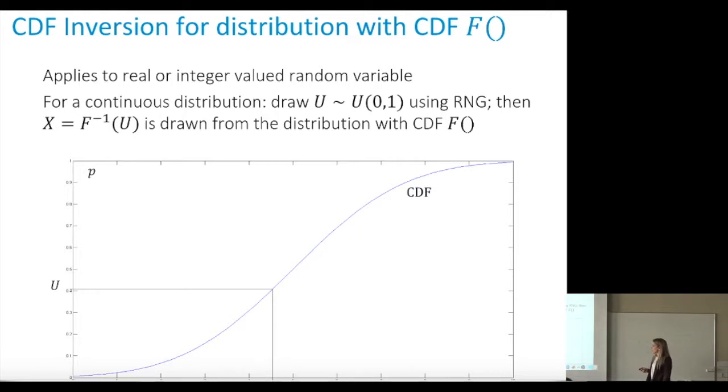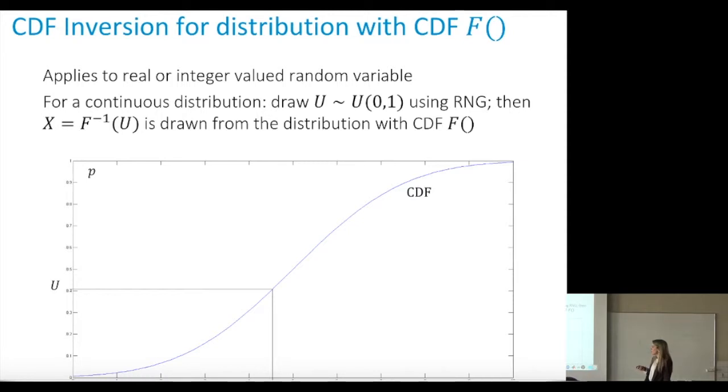Let's see it now graphically. We have u here that is drawn by the random number generator. It is between 0 and 1 because it is drawn from the uniform distribution between 0 and 1. And the CDF that we want to create a sample from is this one.